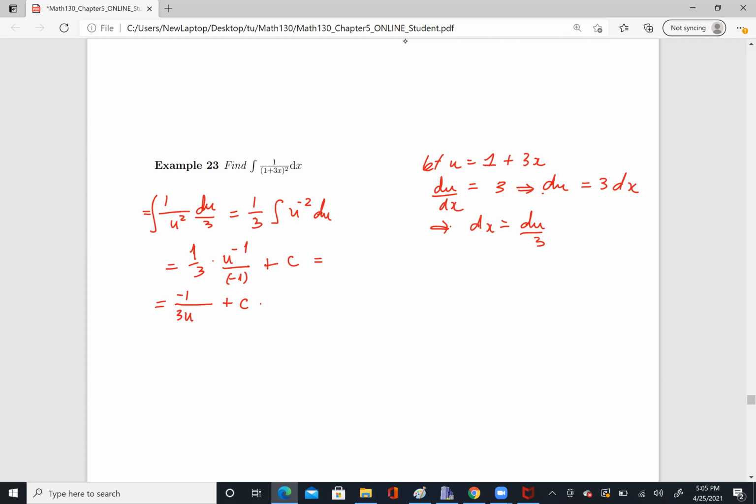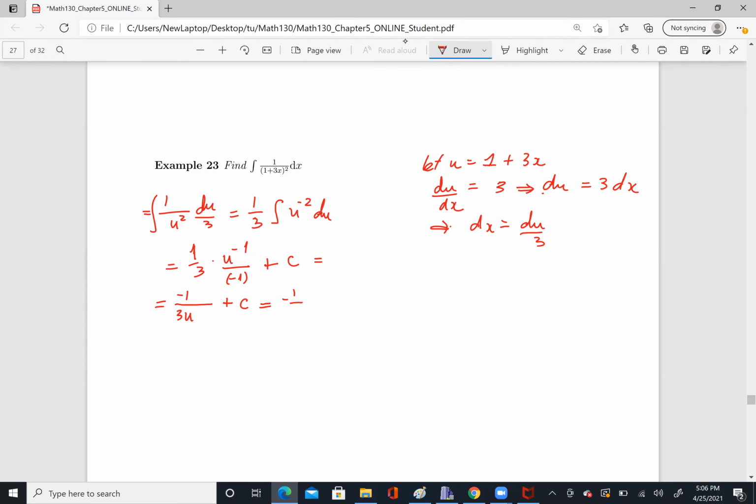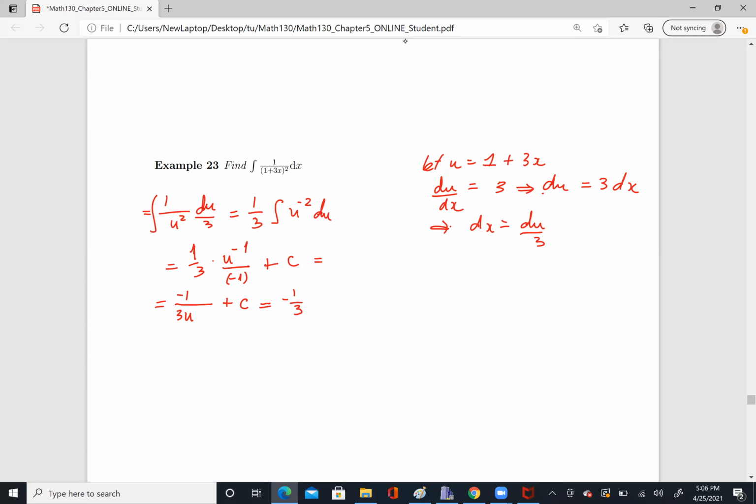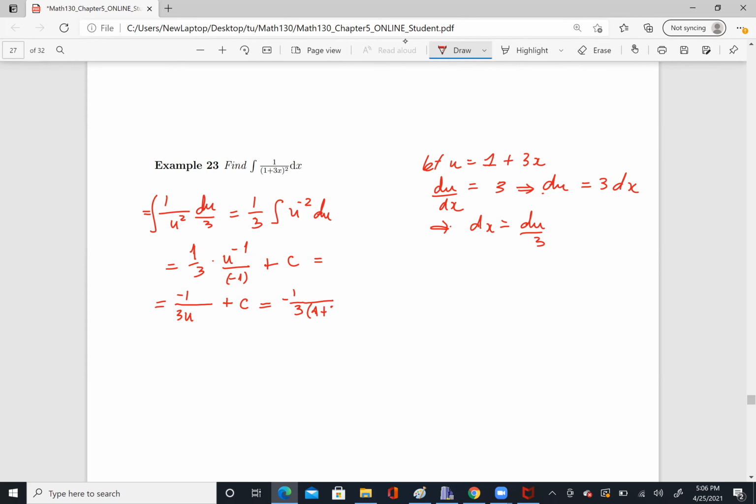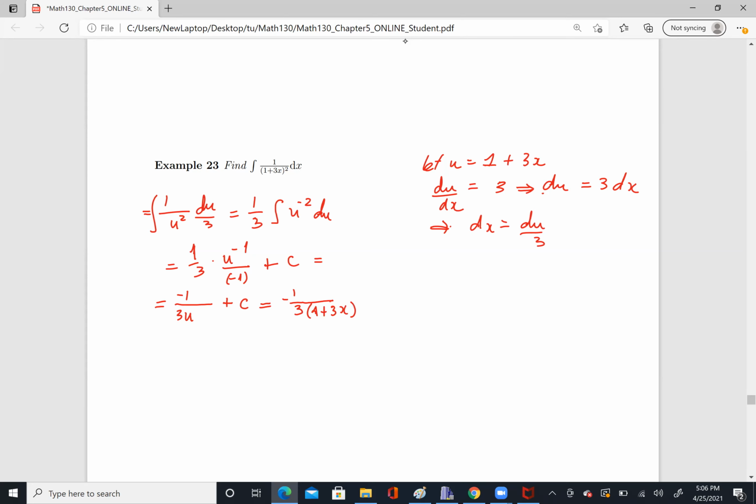And that can be back substituted as negative 1 over 3 times 1 plus 3x, plus c. And that's going to be the answer.